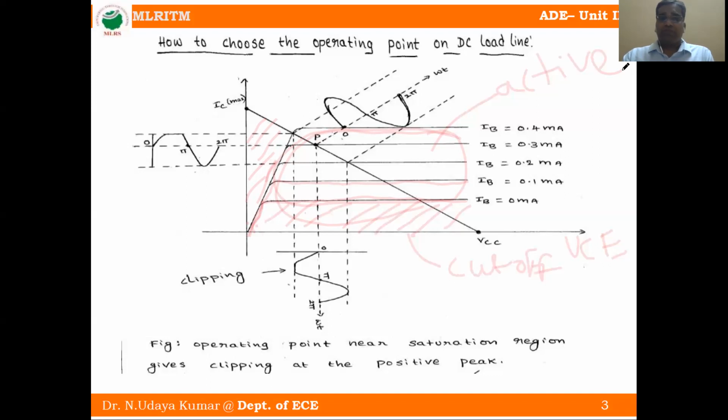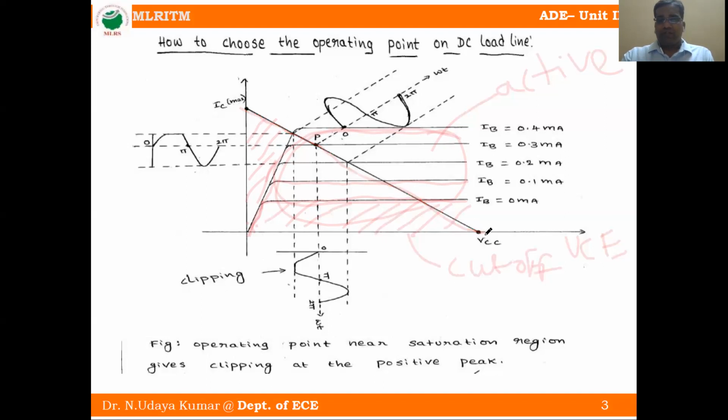But how do we fix the operating point on the DC load line, in the active region? In this figure, this is the active region and this is the DC load line, from VCC to IC.